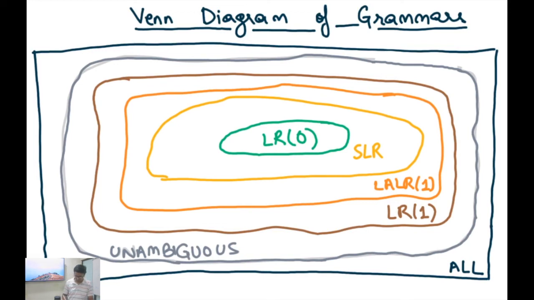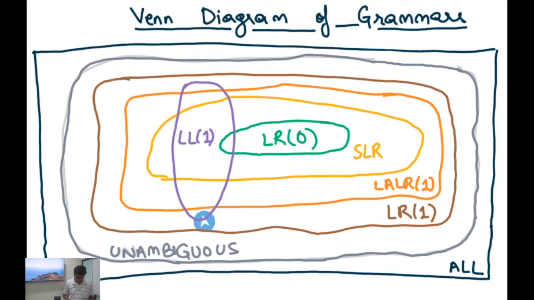So these kind of questions we want to answer, and that's very nicely representable using this Venn diagram. So this purple line here represents the set of LL1 grammars. Of course, this is not to scale, but basically what it means to indicate is that LL1 is a subset of LR1. So any grammar that is parsable using LL1 is also parsable using LR1, and that's why we say that LR is more general than LL.